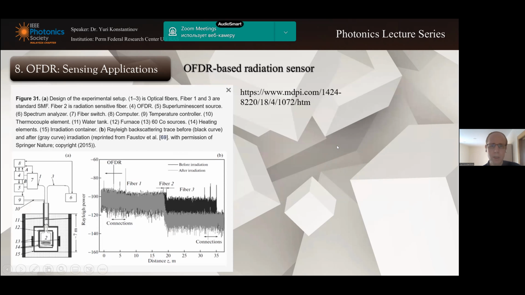Another application is the OFDR radiation sensor. So you know that almost all optical fibers are radiation sensitive, and we can use the Rayleigh scattering to characterize the radiation.